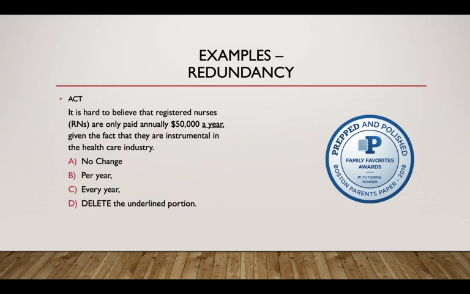They literally all sound the same. That should be my indicator. Take a look at the sentence. Annually. Now, annually means each year, or per year, or every year, or a year. So in actuality here, that's right. Delete the underlined portion. We don't need it.